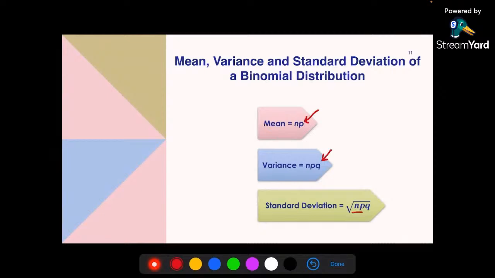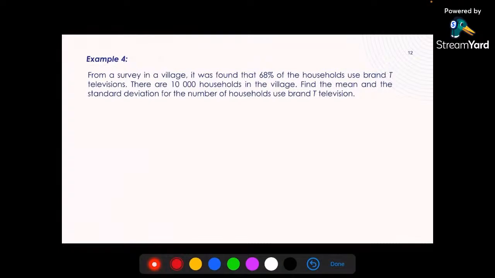Okay. We go to the example then. Example 4. From a survey in a village, it was found that 68%, again we see a percentage, of the households use brand T televisions. There are 10,000 households in the village. Find the mean and the standard deviation for the number of households that use brand T television.